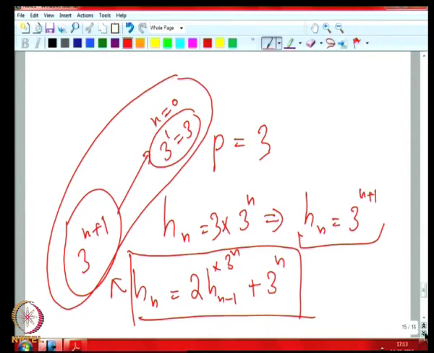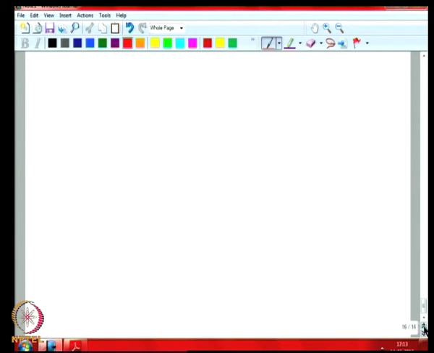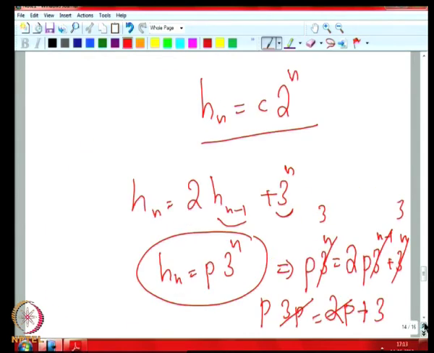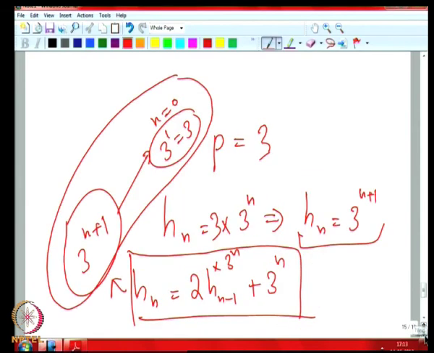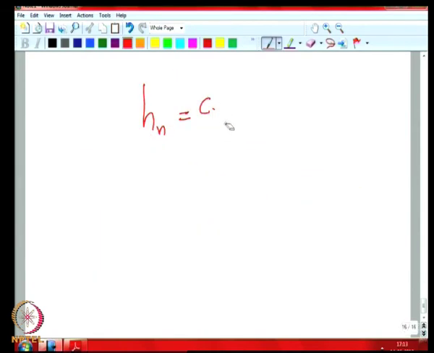So, how will we find a solution which will satisfy our initial condition also? What we do is we combine the general solution for the homogeneous part, namely c times 2 raised to n, this was the homogeneous part solution, and our particular solution 3 raised to n plus 1, and try putting n equal to 0, we get h0 equal to 2.